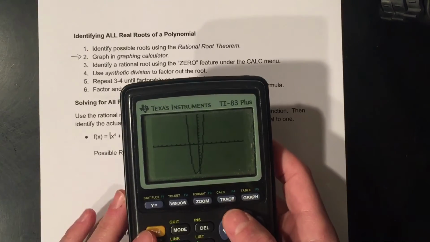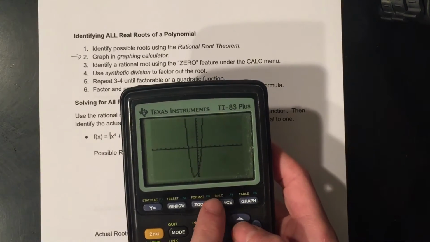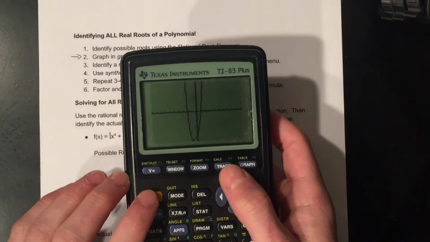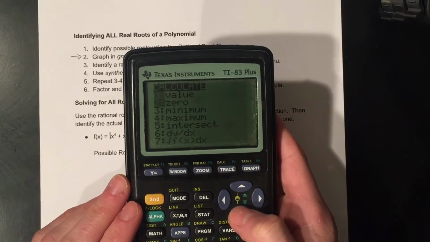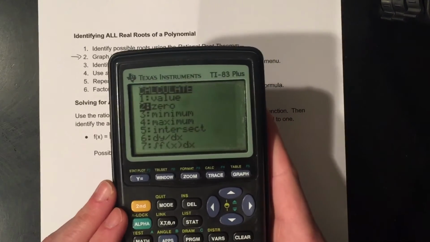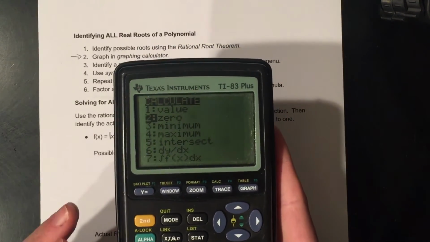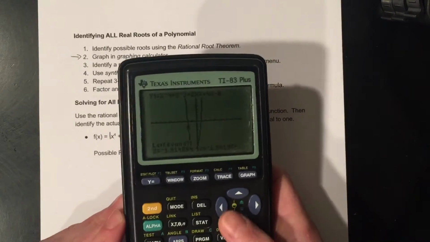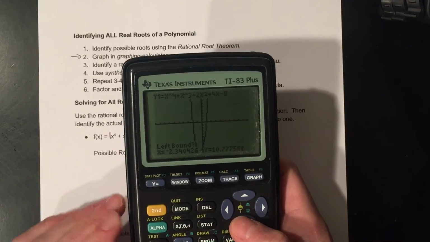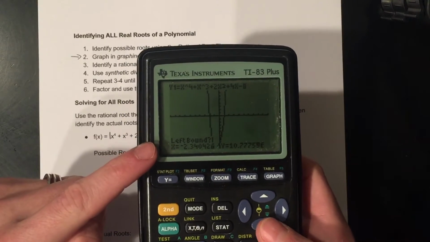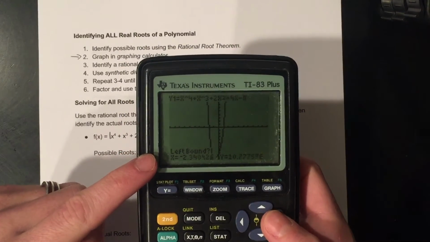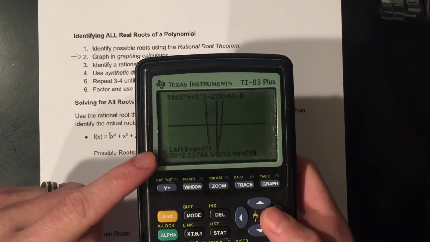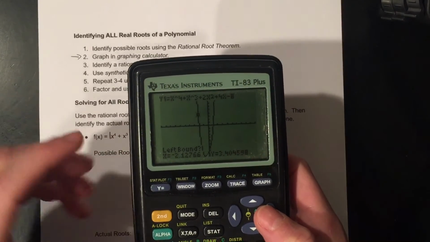The last method you can do is above trace, there's this word calc. So I hit second, calc, and there's an option that says zero. This function of the calculator will help you find the zeros or the x-intercepts of a graph. It says left bound. The calculator is asking you to help it form an educated guess of where this x-intercept is.